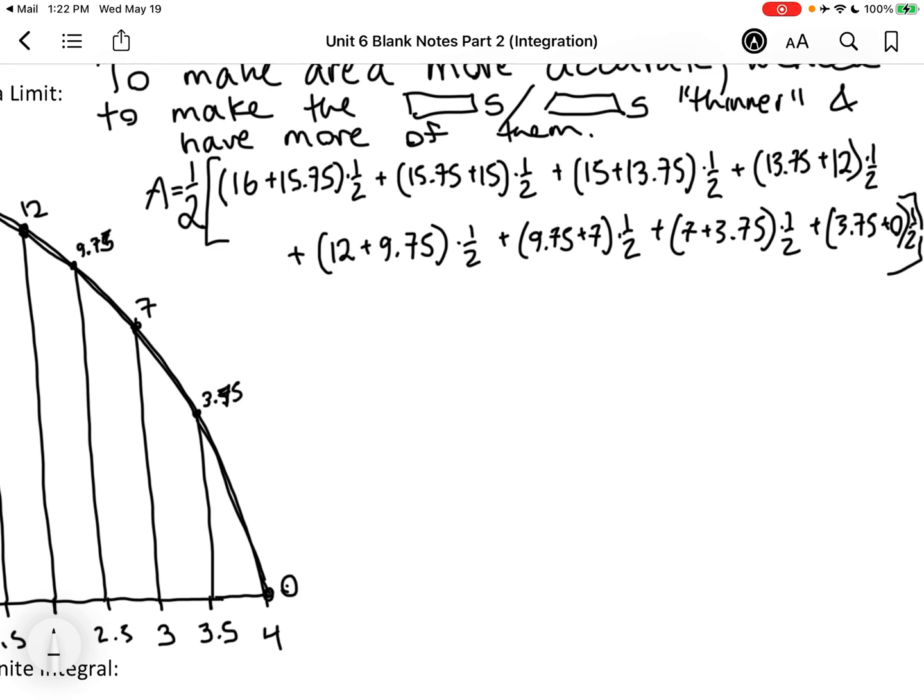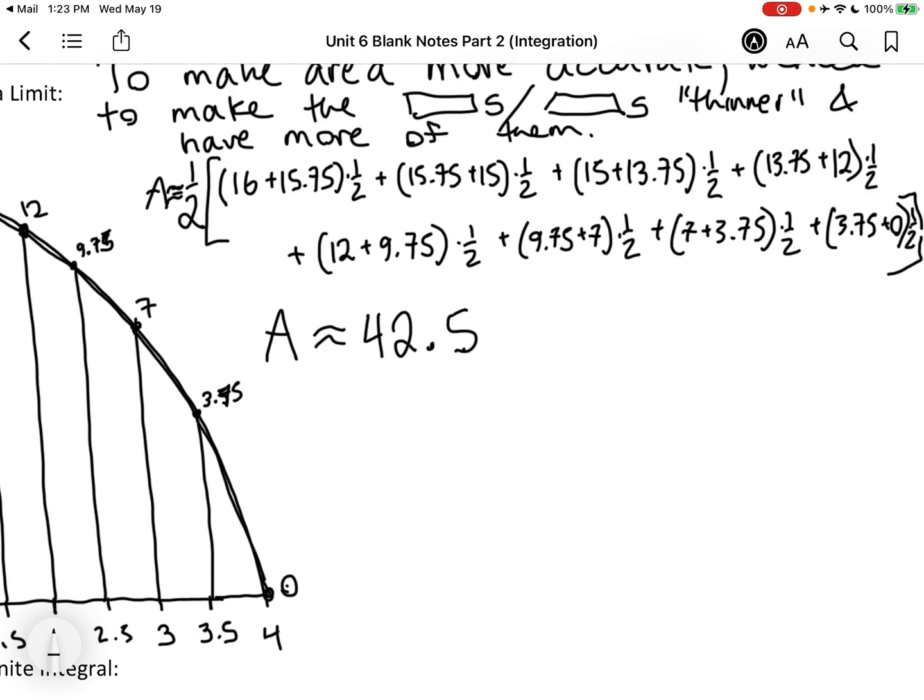There's my big square bracket. And I actually did this ahead of time because I didn't want to spend a whole bunch of time on my calculator. And this area is under the curve. I should have made this approximately because we're looking at area under the curve, of course. This is approximately 42.5. Okay, so we're getting closer and closer.